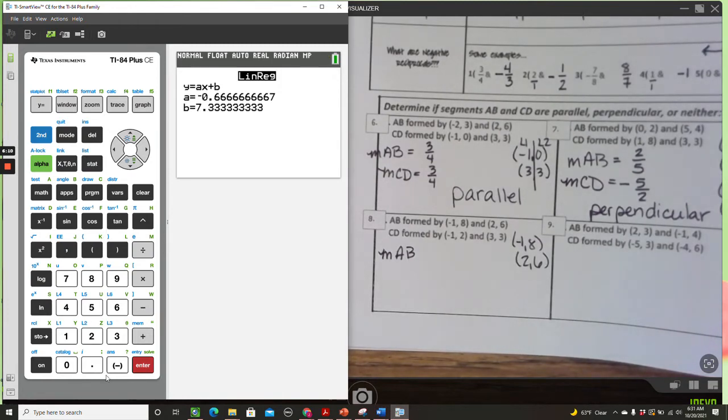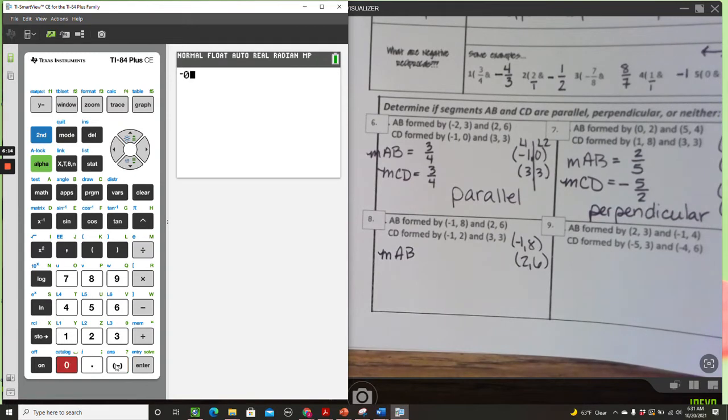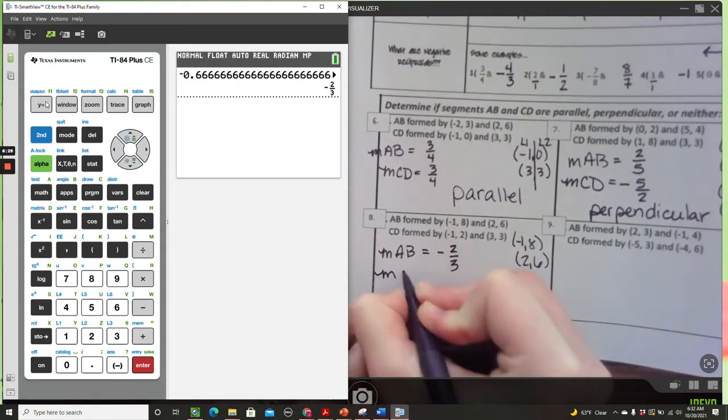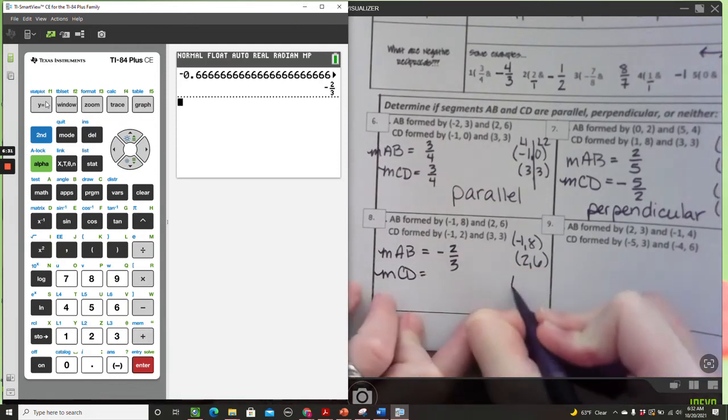Okay, so negative, so we ignore this 7. Remember, your calculator rounds it off. So it's negative 0.6 repeating. So remember, you type in the repeating number until that arrow pops up right here. And then you can alpha y for it. So the slope of AB is negative 2/3. And I need to find the slope of CD.